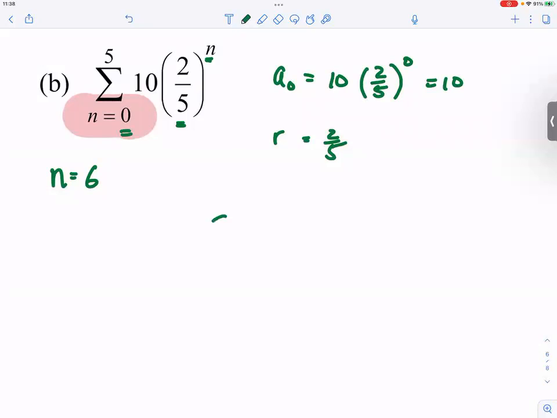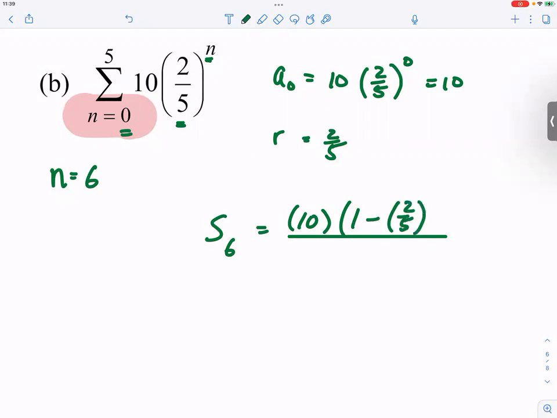So this is the R. When we do our geometric series, we're doing S6. A0 would be 10, and then 1 minus 2/5 to the n power, and n is 6, not 5, because we are counting a total of 6 terms, and then over 1 minus 2/5.